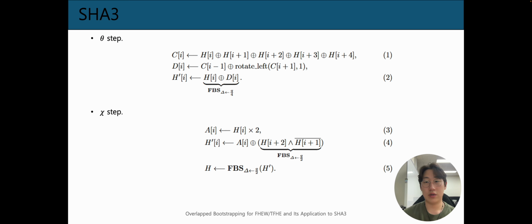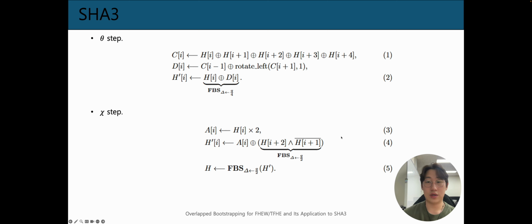After completing the AND gate operation, the scaling factor should be adjusted back to Q/2. And finally, another bootstrapping in line 5 may be applied if the noise approaches a certain threshold. However, in this case, bootstrapping is not necessary since the failure probability remains small enough.